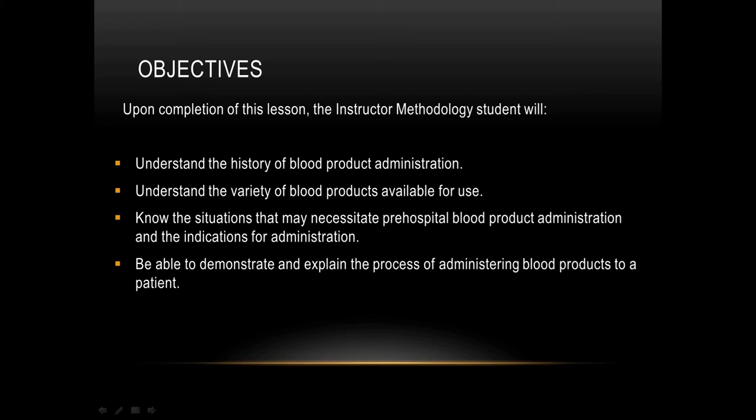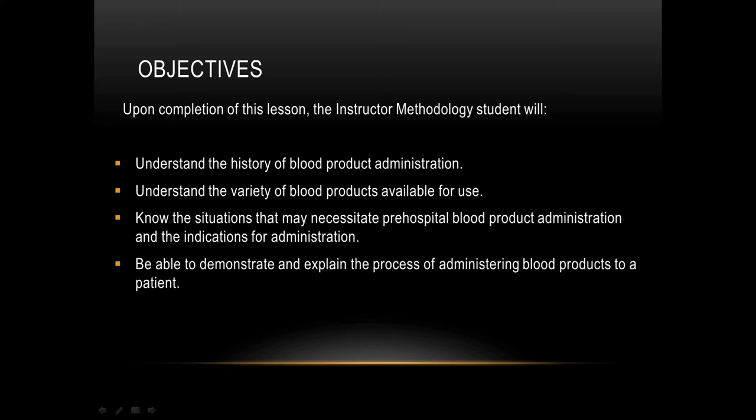So our objectives for this class, we're going to briefly talk about the history of just blood transfusions and blood product administration. We're going to talk about the products that are available and kind of how they're stored and when we might use one versus the other. Then we'll look into a little more pre-hospitally specific areas, situations, and indications where we might consider pre-hospital blood administration and the process of how we would do that.